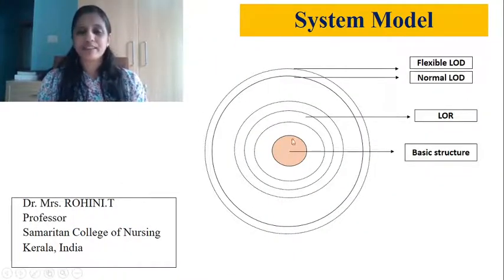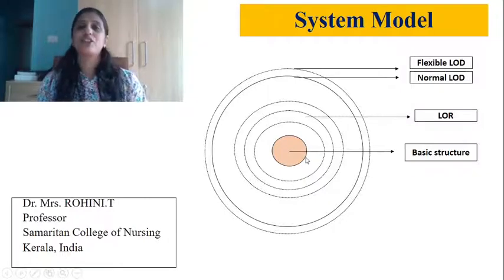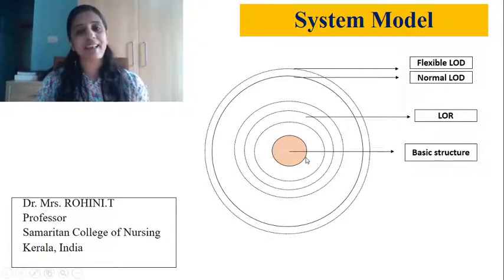So Neuman's first assumption starts with the center part of the model. We have discussed in part 1 that this is the basic structure. So the first assumption is related to the basic structure. What is Neuman telling? Neuman is telling that this basic structure is unique for each client or client system. We all have our own.